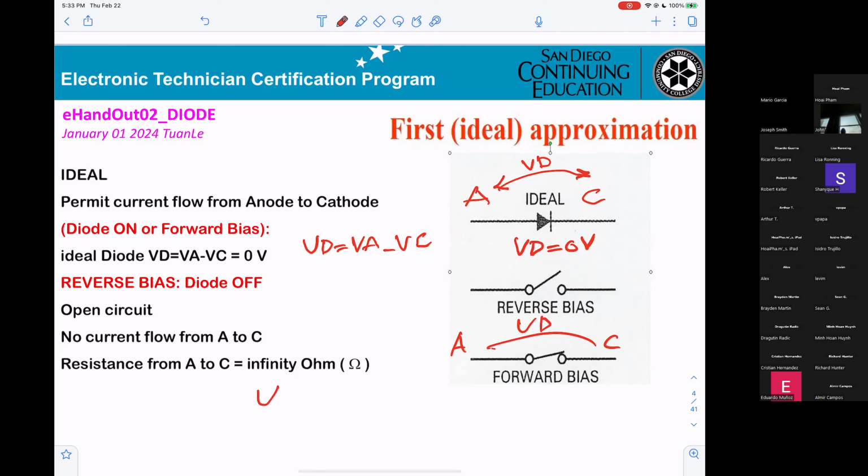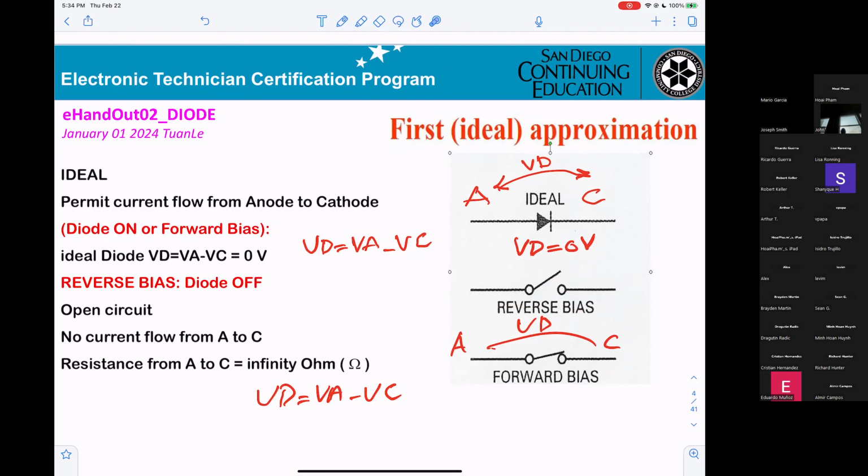So VD is the same thing, VA minus VC. That's what we call forward bias. That means they allow current flowing from A to C. That one is reverse bias. That means they open. Current cannot flow from A to C.